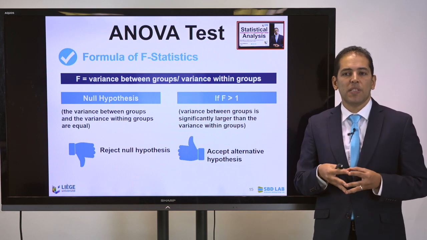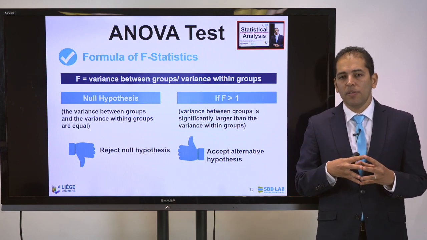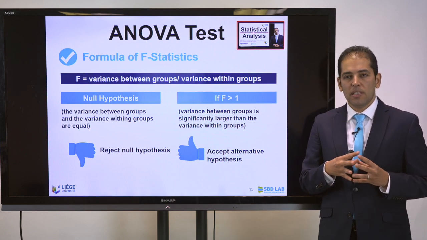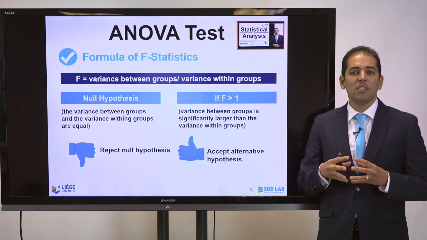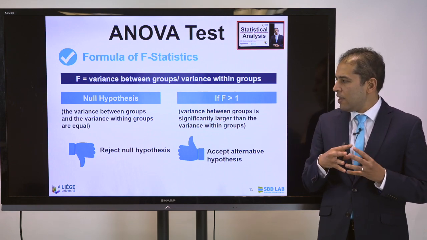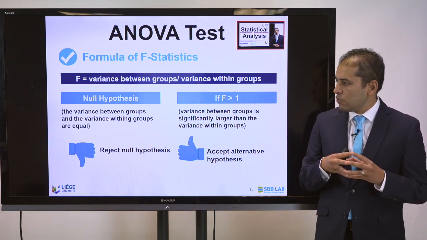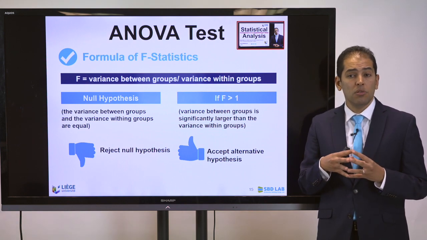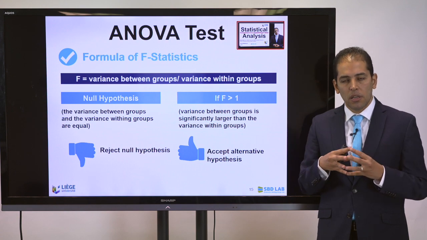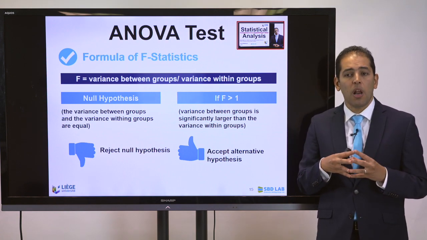here is the famous F statistic that is used for the ANOVA test. The F statistical test is measuring the variance between groups and the variance within the groups. If we have a null hypothesis, meaning that the variance between the groups and the variance within the groups are equal, then we will not reject the null hypothesis.